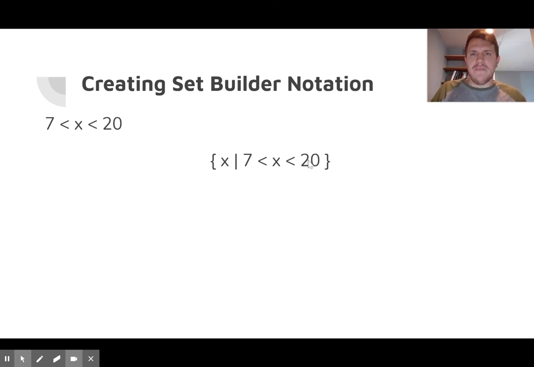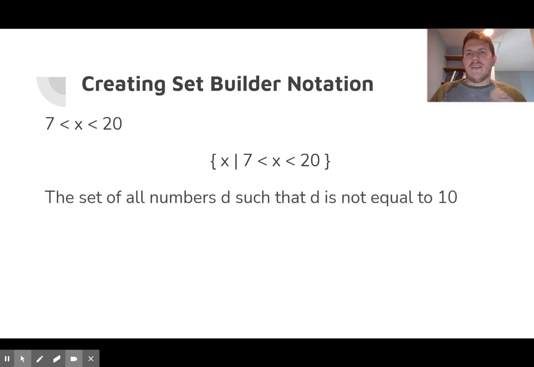Pretty simple. But if we have something like the set of all numbers d such that d is not equal to 10, we'd have the curly brackets, d, a vertical line for such that, and then my R implying all real numbers where d is not equal to 10. So we exclude 10 from that set of numbers.